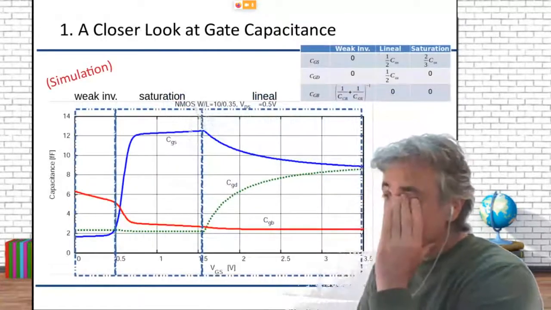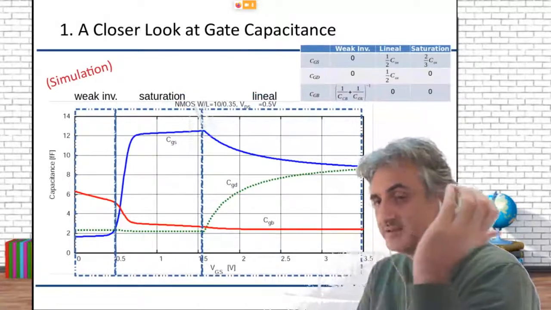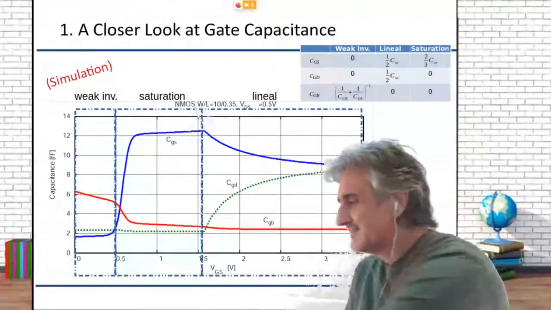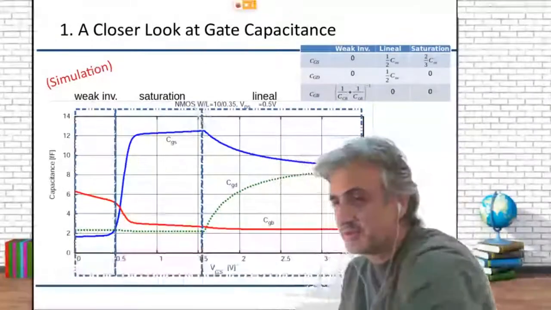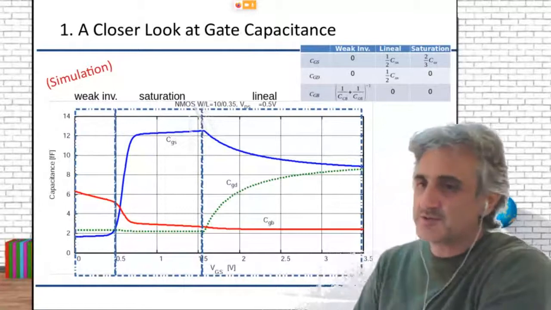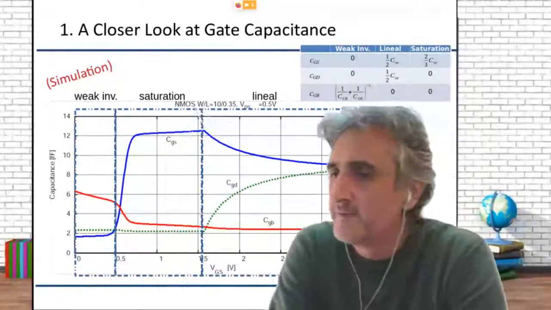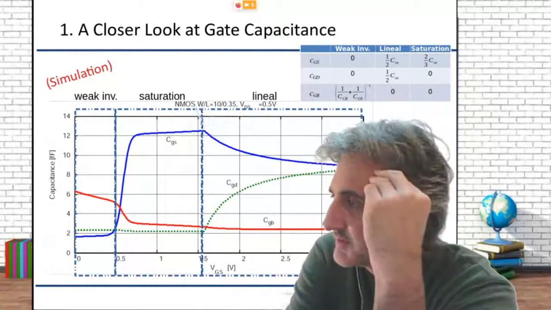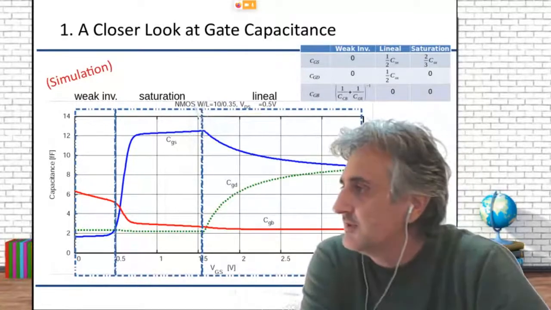In fact, as always, I've been telling you lies. This is not true. This is only an approximation, just to show you something which is more real. These are the 3 capacitances I'm showing you here.